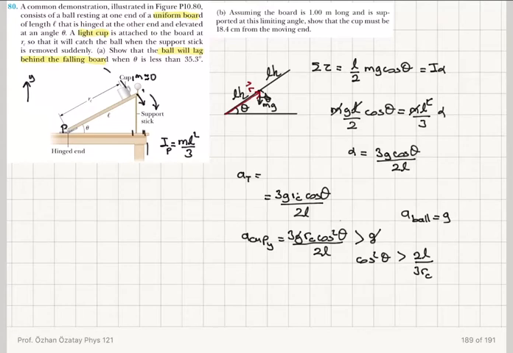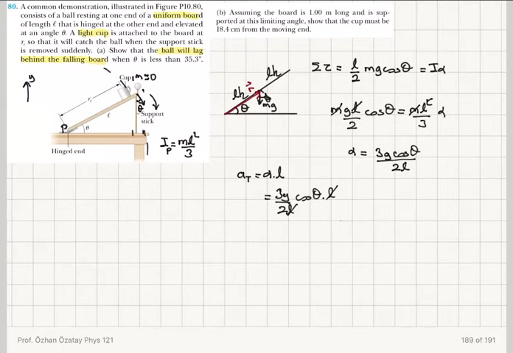So the acceleration of the top point will be the tangential acceleration, which will have a component given by a multiplication with cosine theta. So this will be equal to alpha times L, that's the tangential component, and I will have for this one 3g over 2L cosine theta times L, so the L's will cancel.